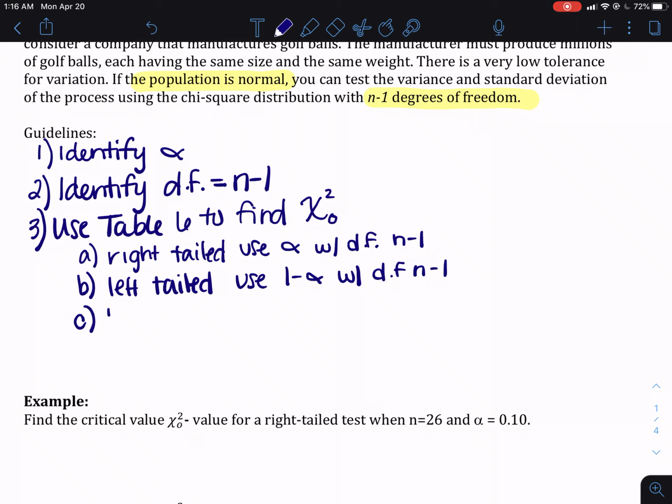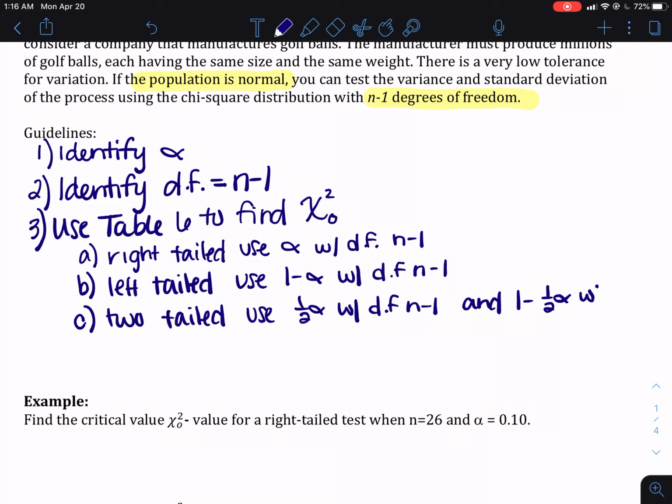And if it's two-tailed, we're going to use half of alpha with degrees of freedom n-1 and 1 minus half of alpha with degrees of freedom n-1. Okay, so remember the chi-square distribution is not symmetric, so we're never going to have a positive and a negative. All of our critical values will be positive.